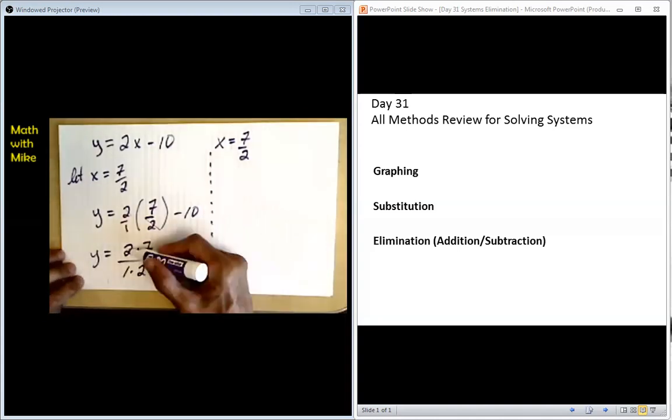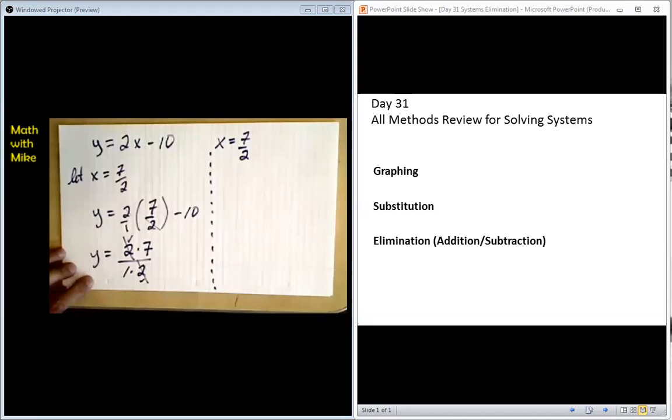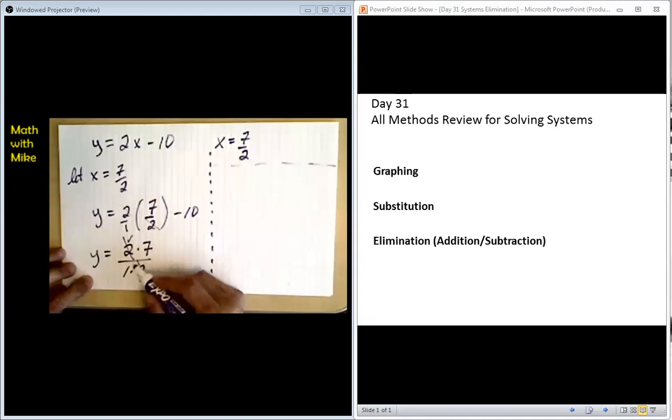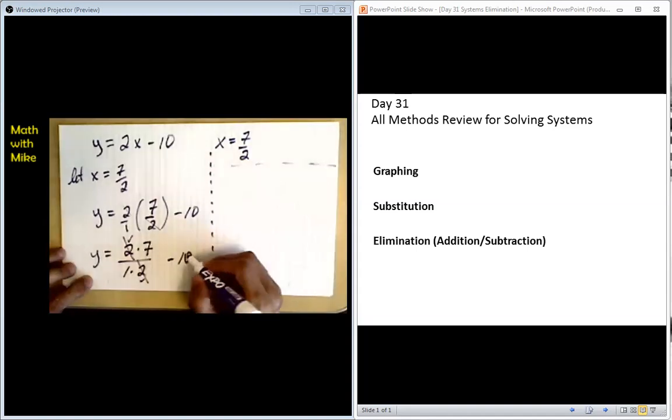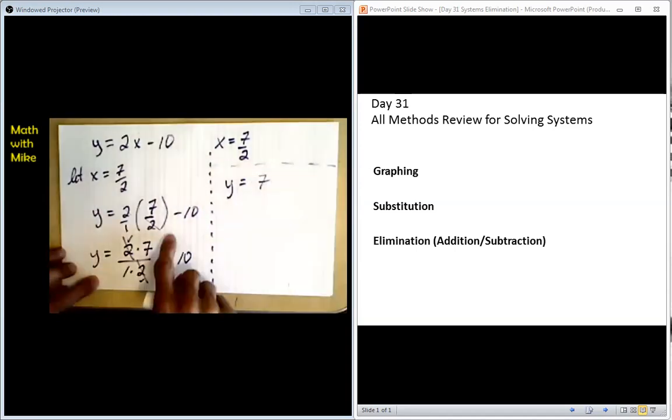So this is now all one fraction, which is important. We've got a 2 divided by 2. So what happens? They divide out with one another, and what's left is just the 7 over 1. Officially we're left with 7 divided by 1, which is just 7. So that fraction bit turns out to be just the 7.